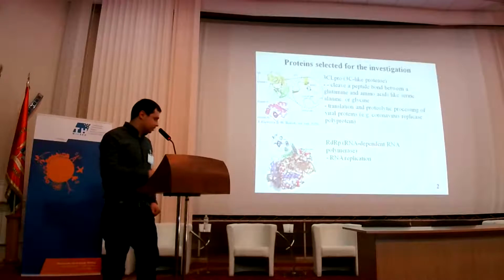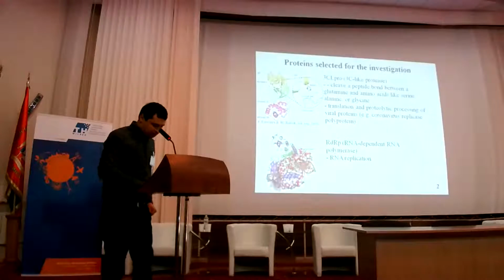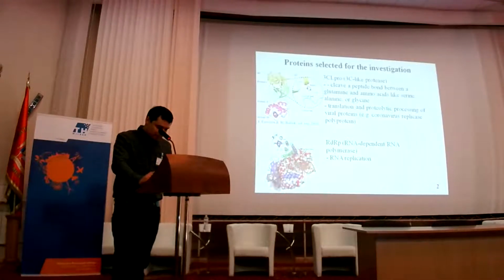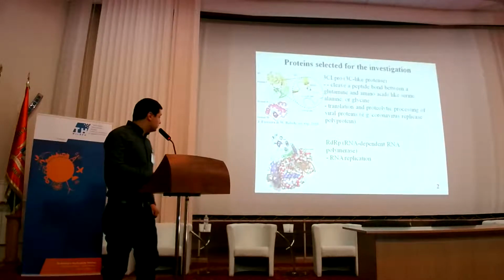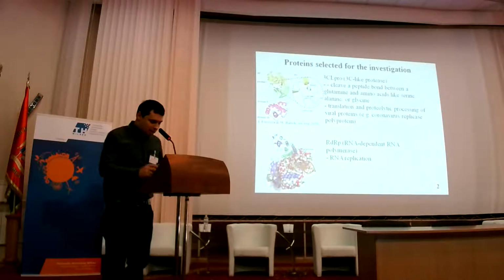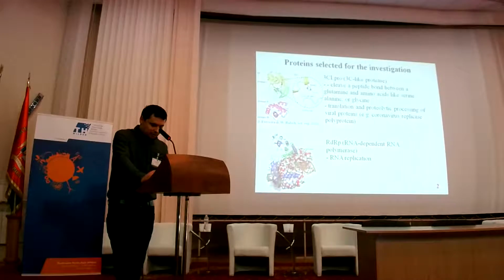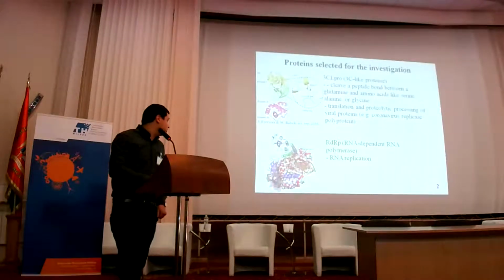we can actually probe the chain of functionality of this protease. The other target we selected is RNA-dependent RNA polymerase. We investigated it in complex with non-structural protein 8, which you can see here in violet, and non-structural protein 7, because only in such association is it possible to activate the replication of the long RNA molecule of the virus.